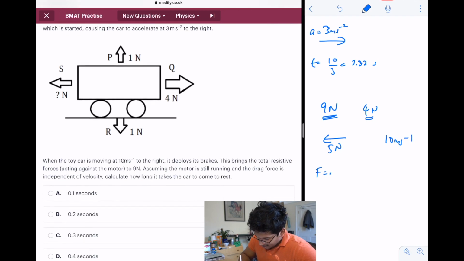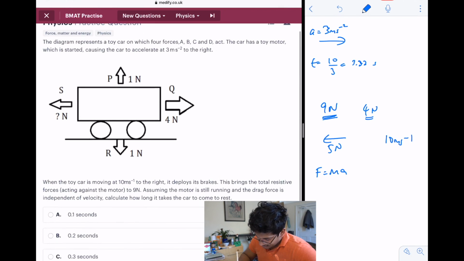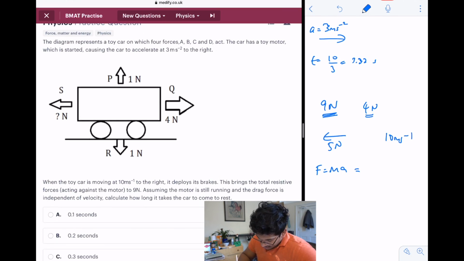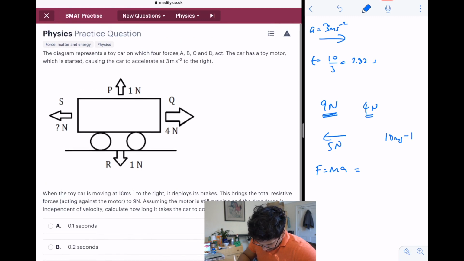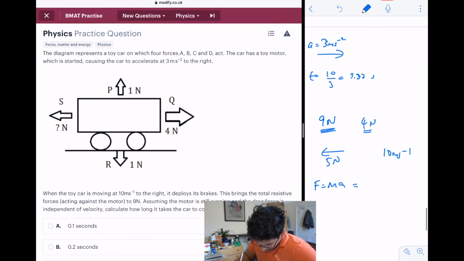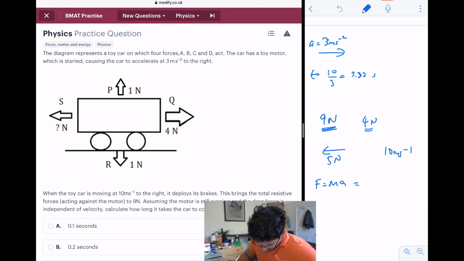So F equals ma. I don't actually know the mass of the car. Well, does it give us a mass? It says 4 forces, to be fair.